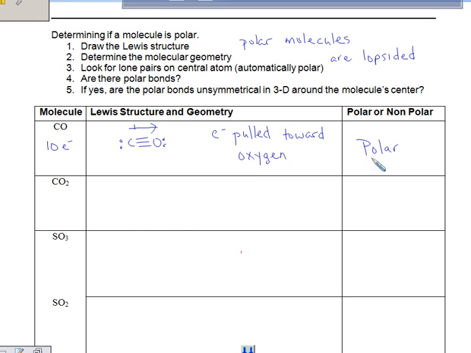Now let's take a look at CO2. This has 16 valence electrons.